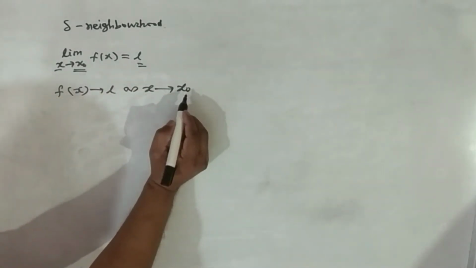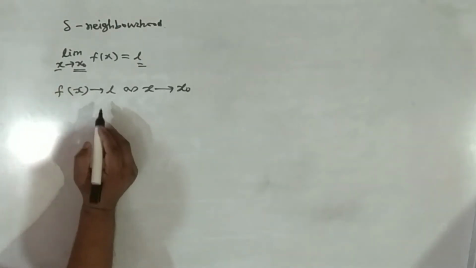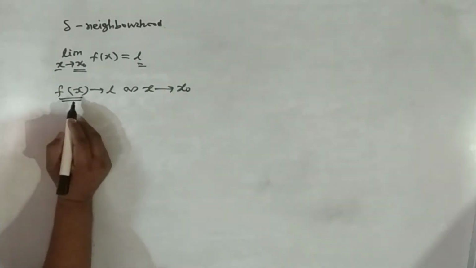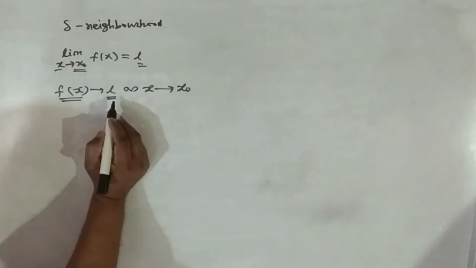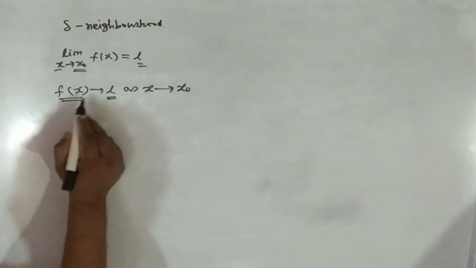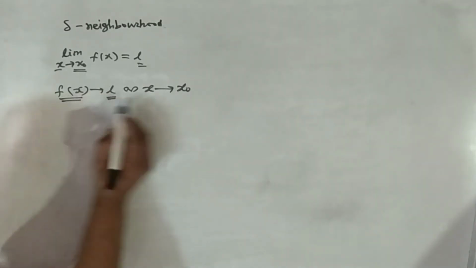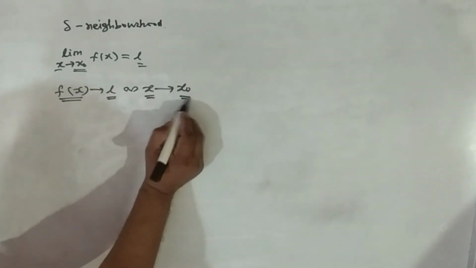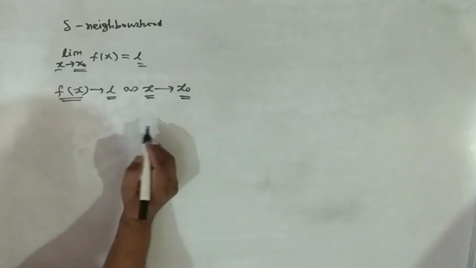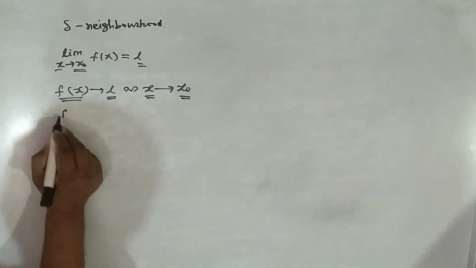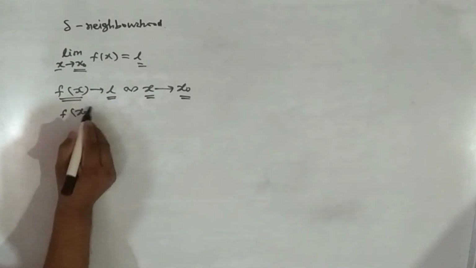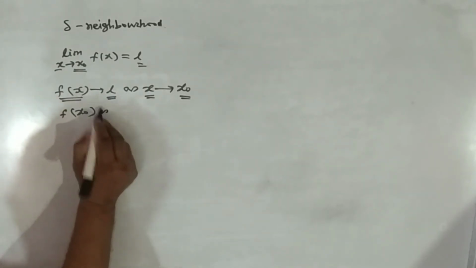It means that the value of this f of x gets close to this L as desired by making x sufficiently close to x0, and this statement is true even if f of x0 is not defined.